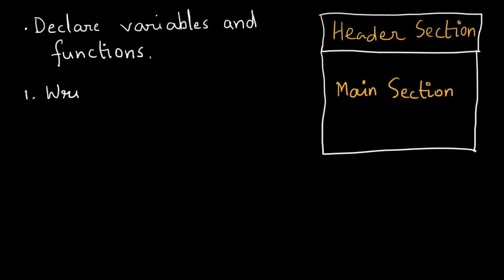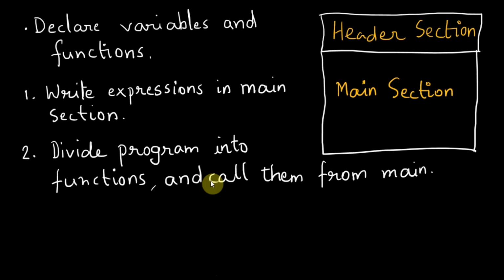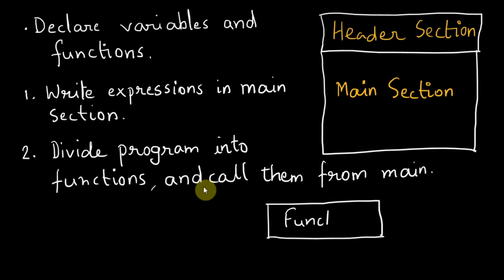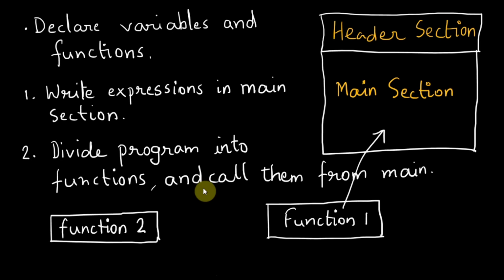There are two ways to write a program. One, write all expressions inside the main program. Two, you can divide your main program into functions and call them in the main program. Therefore, you call other functions from the main program and that function can call other functions too.